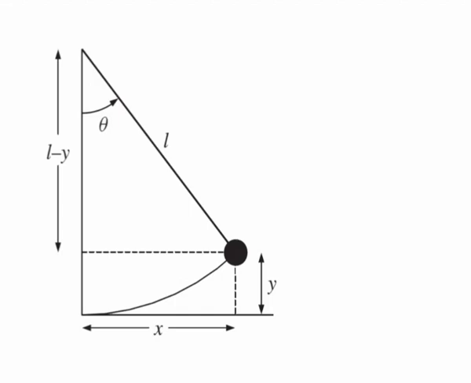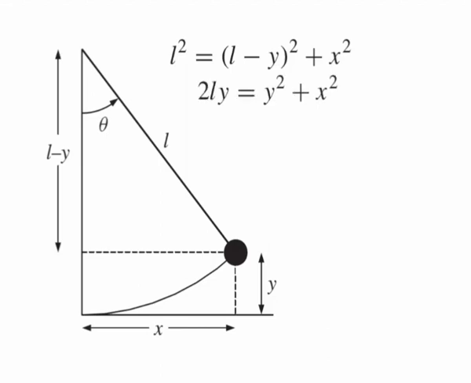From the geometry, we have L square is equal to L minus y whole squared plus x square, which gives 2Ly is equal to y square plus x square. For small displacements of the pendulum, that is x is very much less than L, it follows that y is very much less than x, so that the term y square can be neglected and we can write y is equal to x square upon 2L.